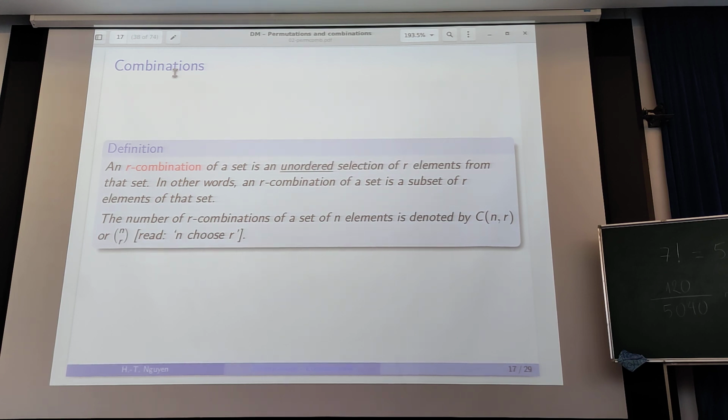So an r-combination is equivalent to a subset of size r. Here the underlying word is unordered. This is the remark that distinguishes this case from the case of permutations.